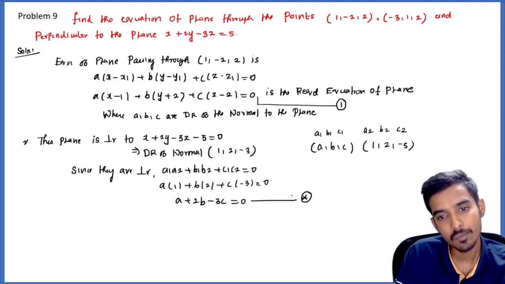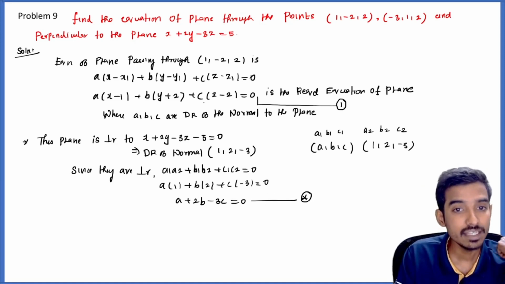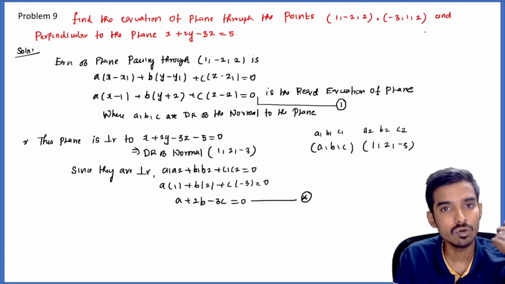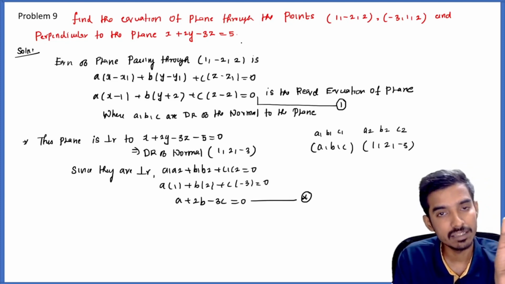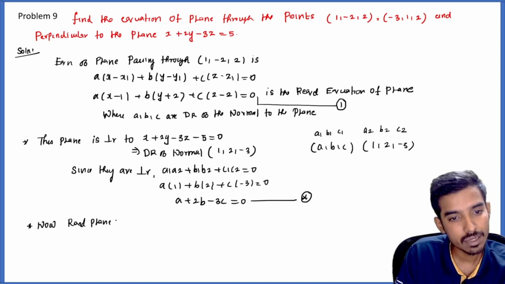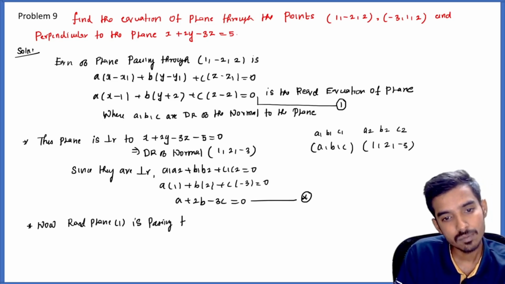Call this star. Now you can see the required plane is also passing through the point minus 3 comma 1 comma 2. In the previous problem they gave only one point and two perpendicular planes. Now, the required plane is passing through the point minus 3 comma 1 comma 2.